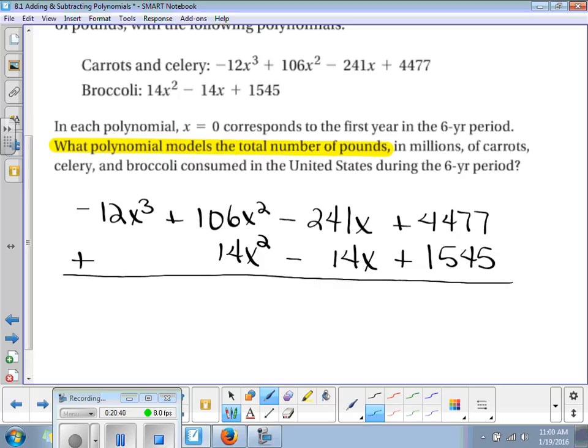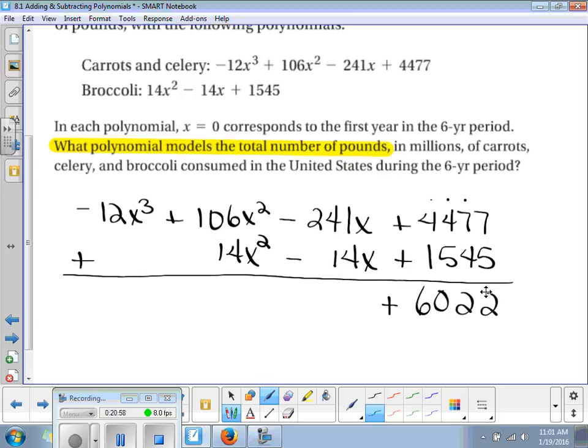And now we can add. So when we add this, down here we've got 12, and then another 12, and that's 10, and then 6.